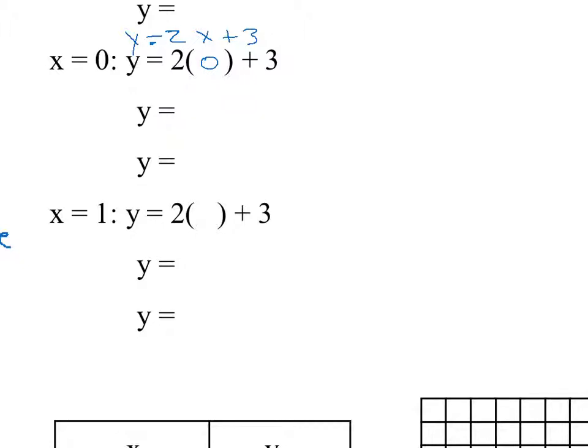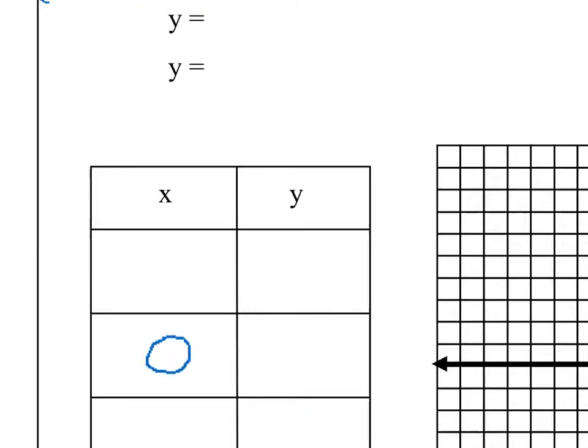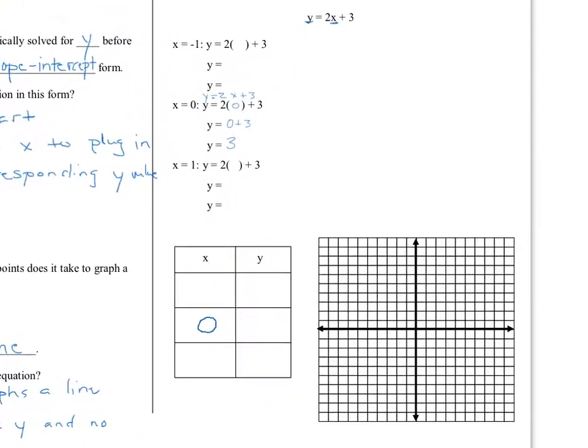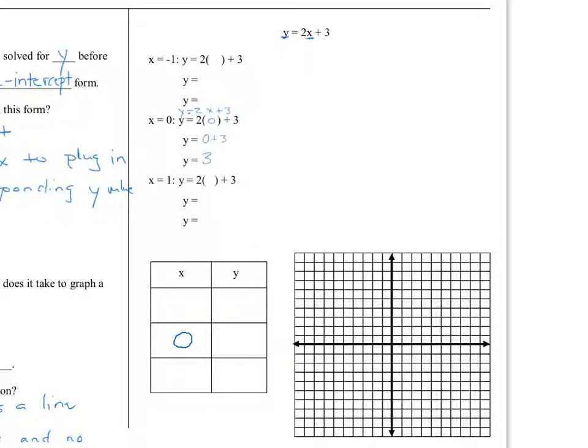All I have to do is follow order of operations. 2 times 0 is my multiplication, gives me 0. 0 plus 3 gives me 3. So I know for my t-chart, my corresponding value for y is 3. If x is 0, then y is 3.